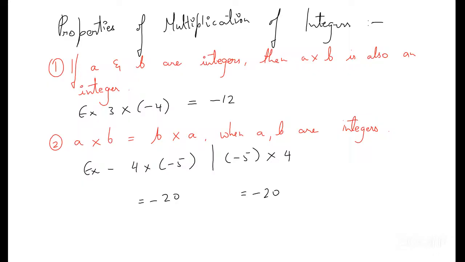Third property: when we multiply an integer with 0, or we multiply 0 with an integer, the answer will be 0, where a is an integer.